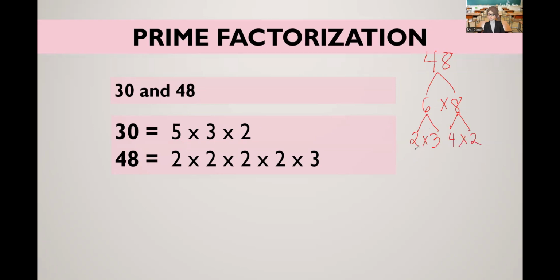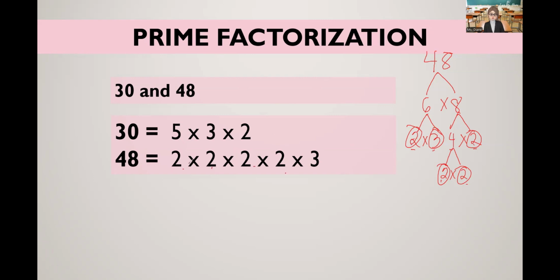So this is already a prime, this is a composite, and this is a prime. We can still factor this 4, which is 2 times 2. Then you copy the prime numbers here. How many 2's did we get? 1, 2, 3, 4. 2 times 2 times 2 times 2, and then times 3.